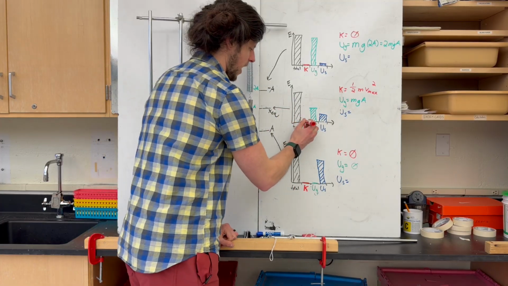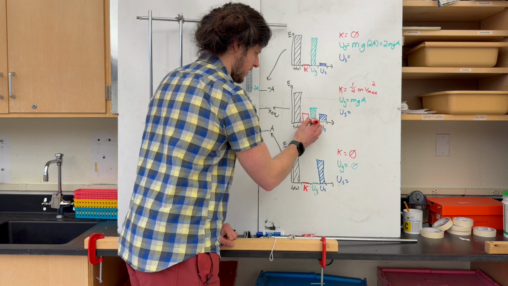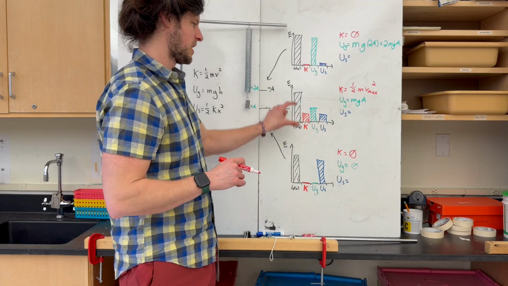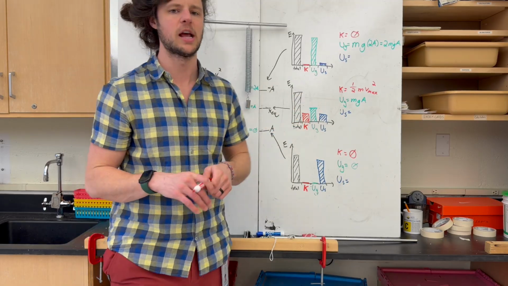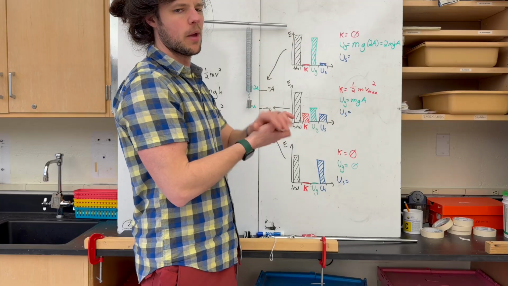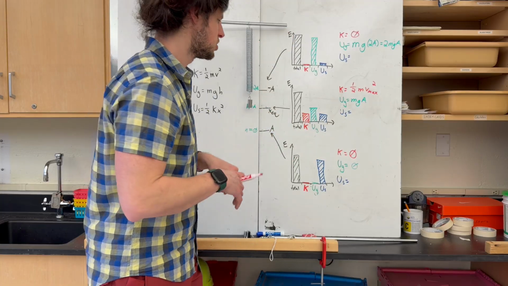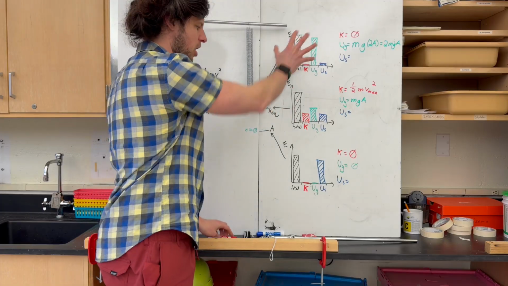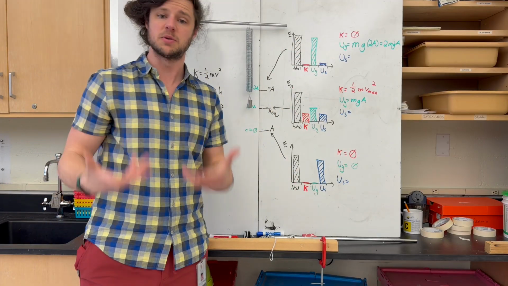So I'm going to eyeball some height for kinetic energy that may or may not, if we added these three bars together, reach a height of the total mechanical energy. The way I drew them is probably a little bit bigger than the bar for the total mechanical energy, but close enough, all right? So now we've got bar graphs for each of these positions.